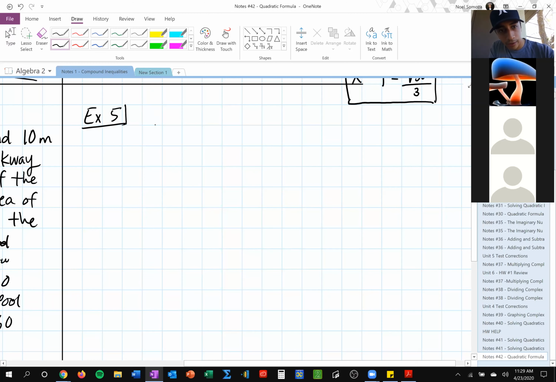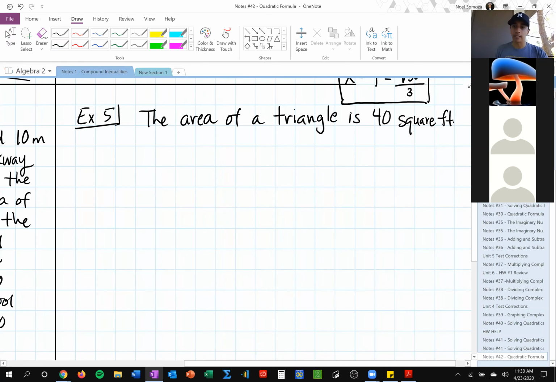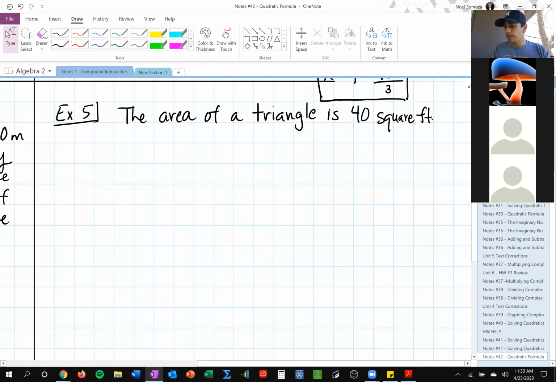So we have the area of a triangle is 40 square feet. Okay, so we're being told the area from the beginning, all right, which is nice. Okay, and now we have some information about the dimensions.